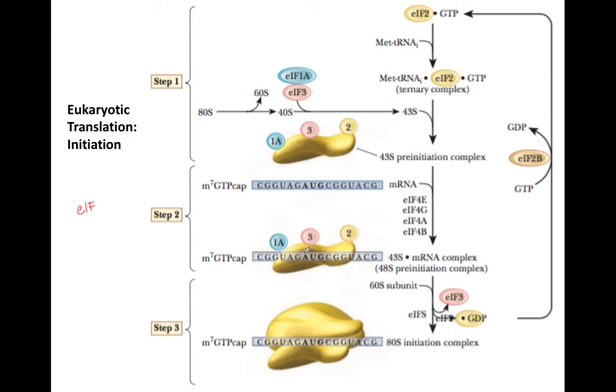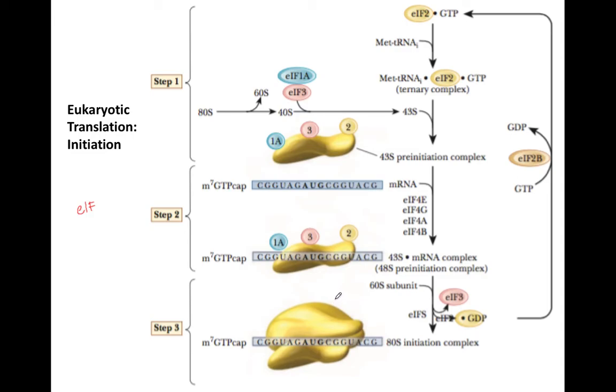Once you have your mRNA bound and positioned into your 40S subunit, and once the start codon has been identified, the initiation factors can dissociate so that the 60S subunit can come in and together form the 80S initiation complex.